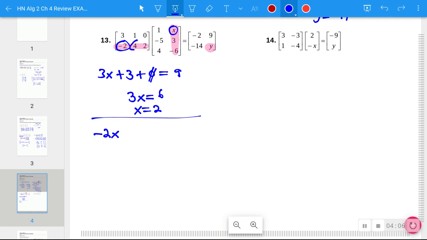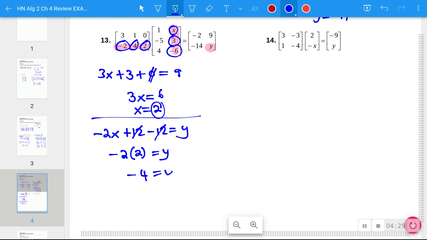And the next pair is 4 times 3, so plus 12. And then minus 12, those will cancel out, equals the y. So these two cancel out, and the only thing left here is to plug the 2 in for the x. The 2 we found earlier right here. So we find out that y equals negative 4.